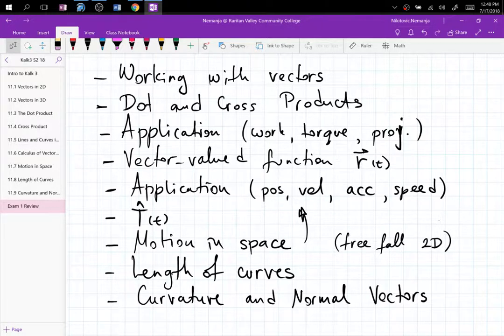For instance, define a vector valued function, right? Or what is the formula for curvature? Or what is the formula for unit tangent vector? What is the formula for unit normal vector? So technically, when you look at page 581, what's the formula for unit tangent vector?